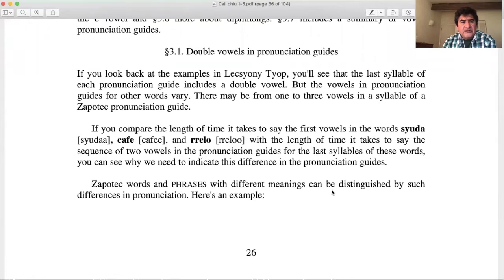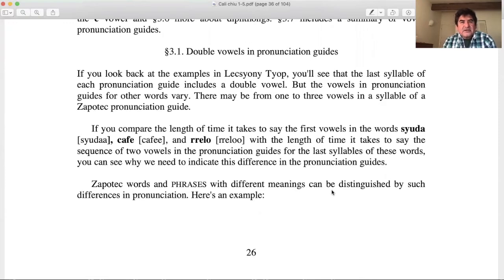If we look at, or listen to, the length of the vowels in these words, you can begin to understand what we're talking about. For example, if you remember the word ciudad, it's spelled S-Y-U-D-A. However, if you look in the brackets, you'll find two vowels together, so it is the length that we're talking about.